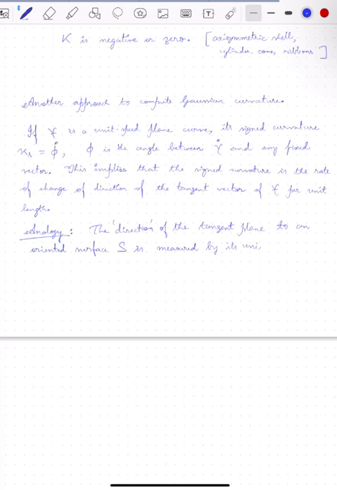So of the tangent plane, the direction is specified by its unit normal vector.